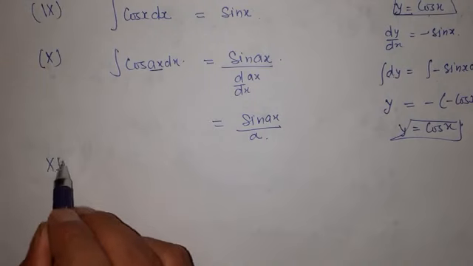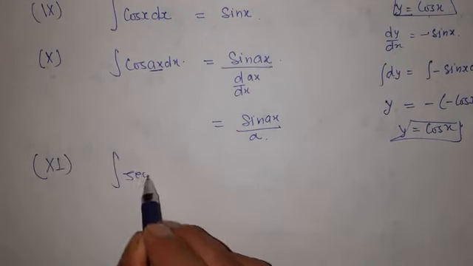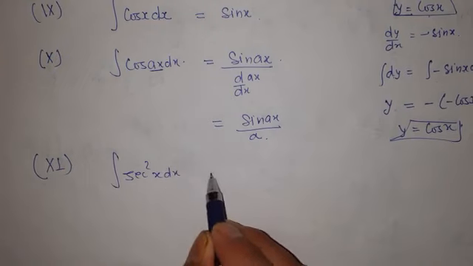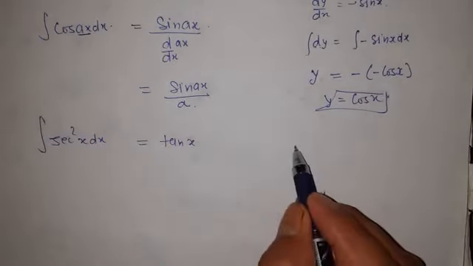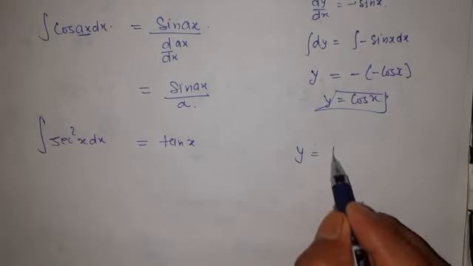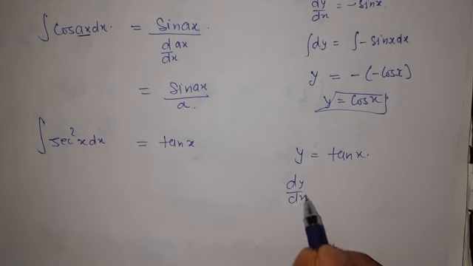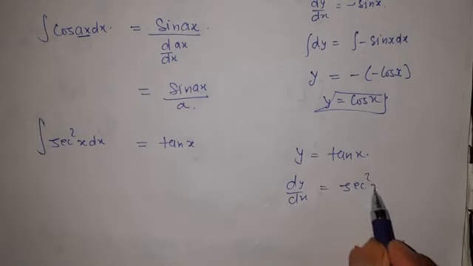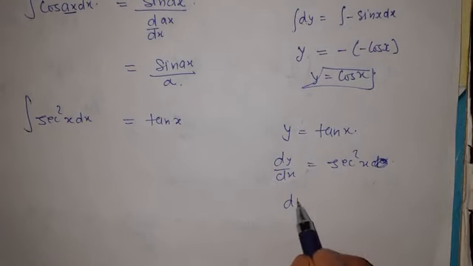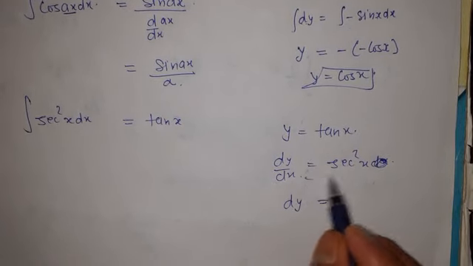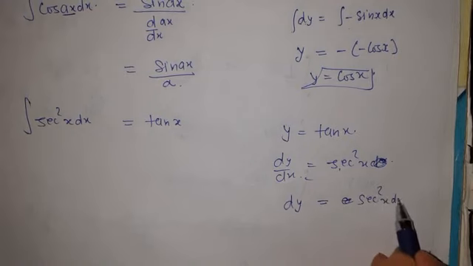And formula number 11 is the integration of secant square x dx, which is tan x. Remember, the differentiation of tan x was secant square x, and if we take dx to the other side, it is secant square x dx.